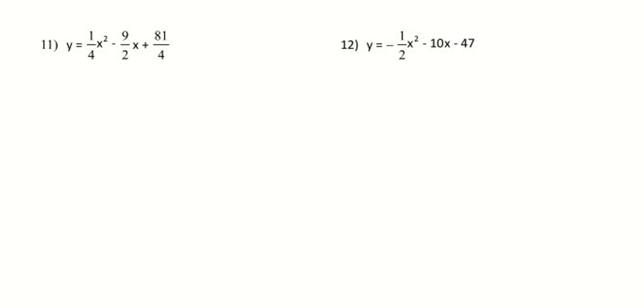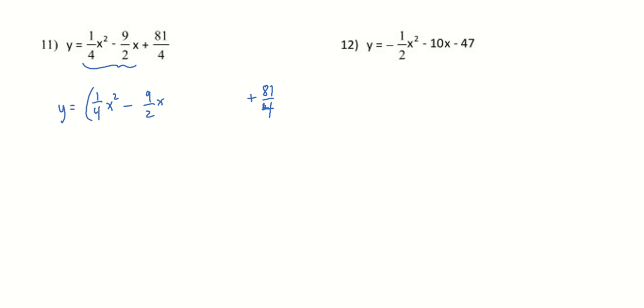Unfortunately, we can't just flat out get rid of everything here, but let's use what we know about factoring to come up with it. We're going to group those two together. So y is equal to 1/4 x squared minus 9/2 x, big space, 81/4. This one is going to have lots of fraction stuff going on.